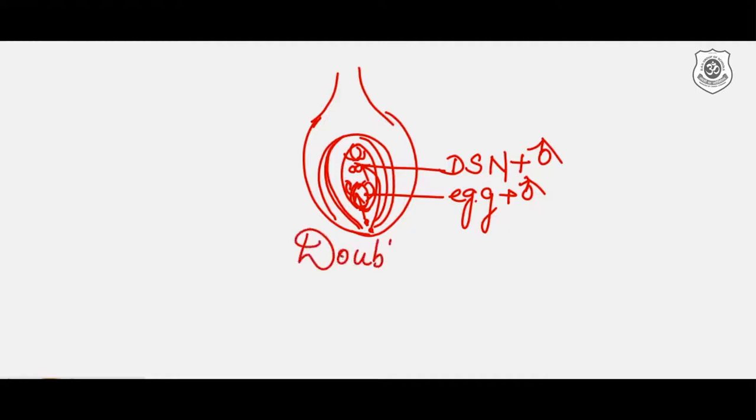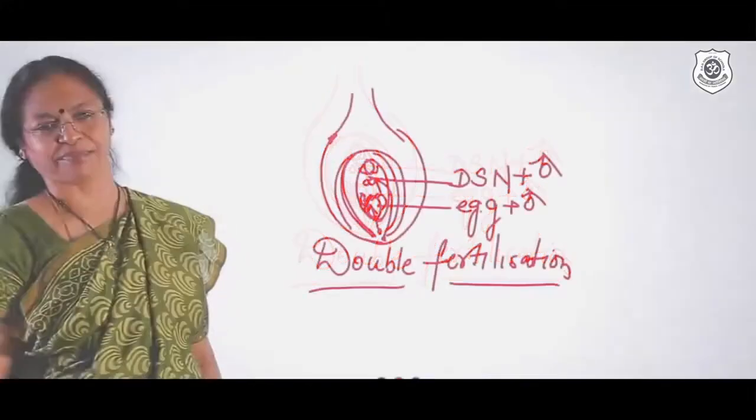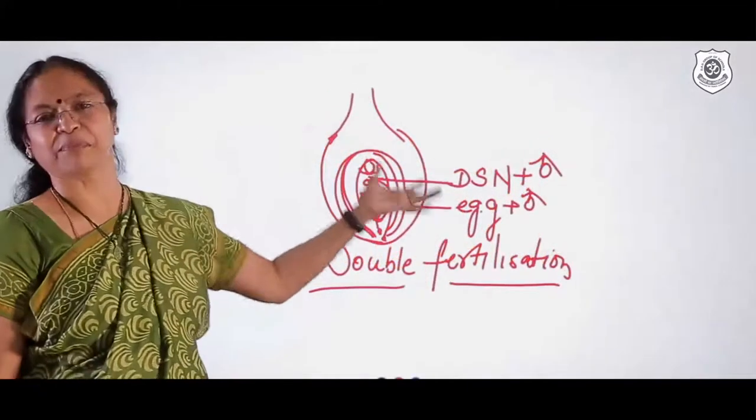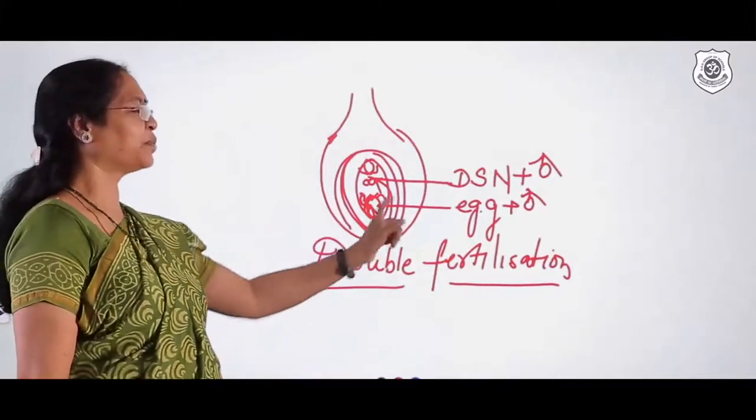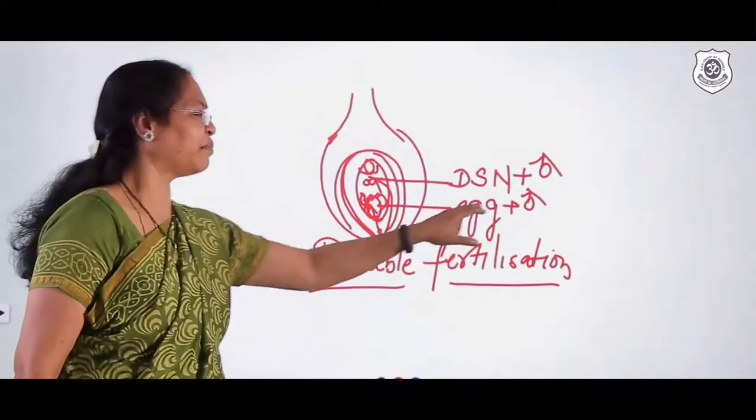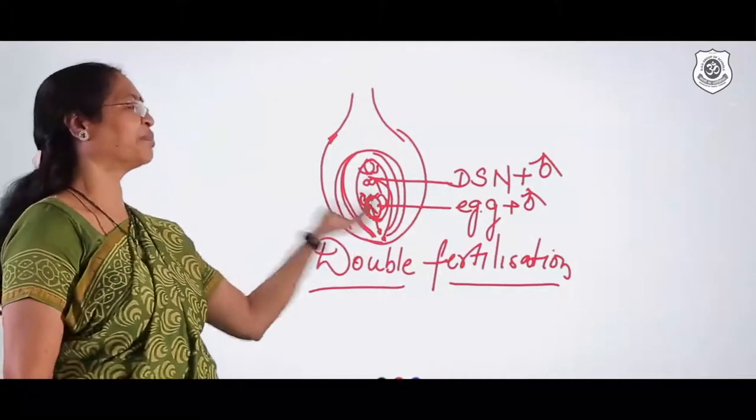I'm just trying to explain what is double fertilization. The word double fertilization clearly indicates there are two fertilizations. Fertilization itself is something very important. There are two male gametes. One male gamete fuses with the egg to form the zygote.